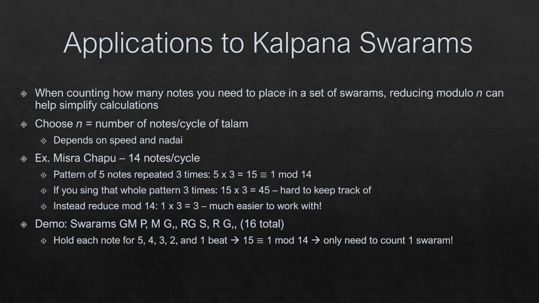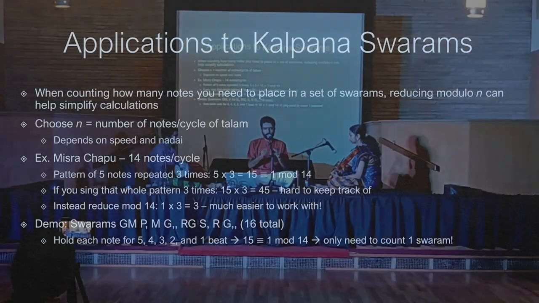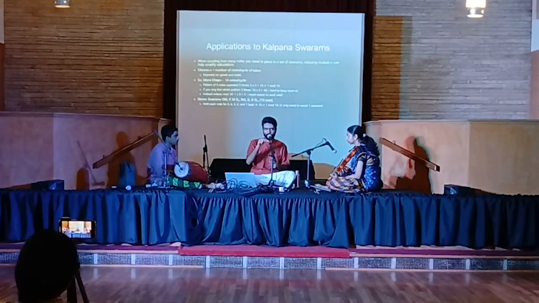So instead of having to keep track of 15 whole notes, if I want to make this entire pattern come to like 2 after the sum, I need to start it 15 before that. But when you think about it in modular terms, 15 is just the same as 1. So I should have started 1 before the place where I want to go. 1 is a much easier number to keep track of than 15. That really helps you there.